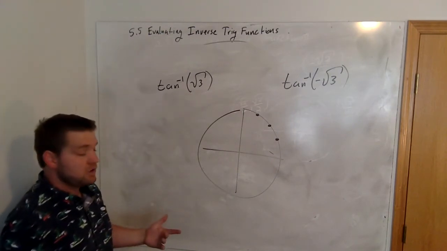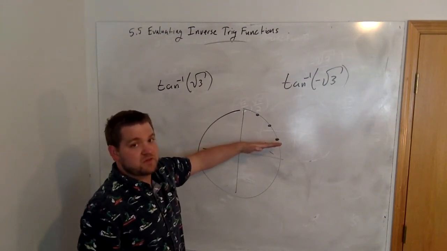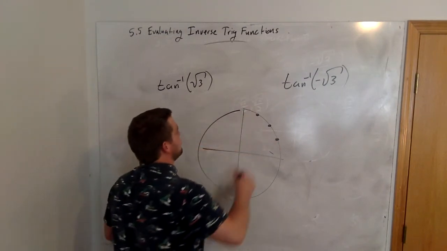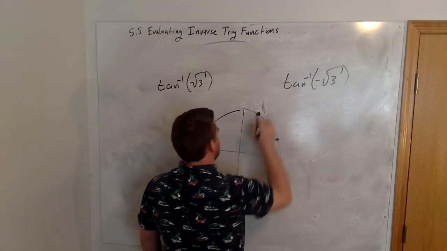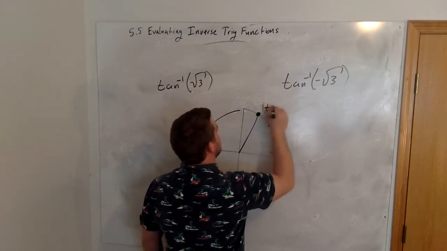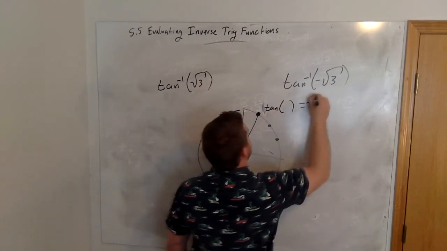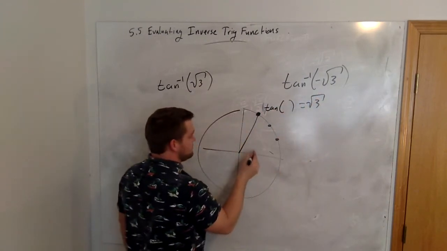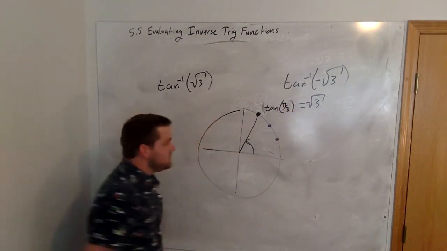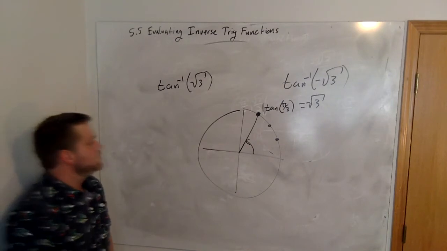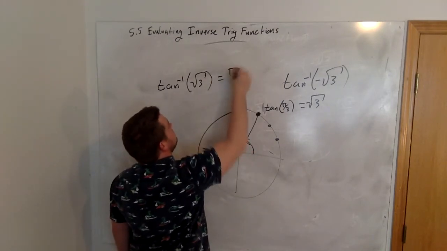Well, there's root 3 and then root 3 over 3. This has to be root 3 over 3 because it's smaller than root 3. So we're right here. This is where tangent is equal to root 3. And what angle is this? Well, this is pi over 3. So the answer here is pi over 3.